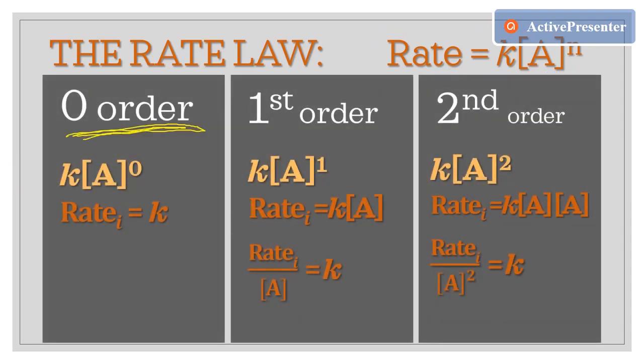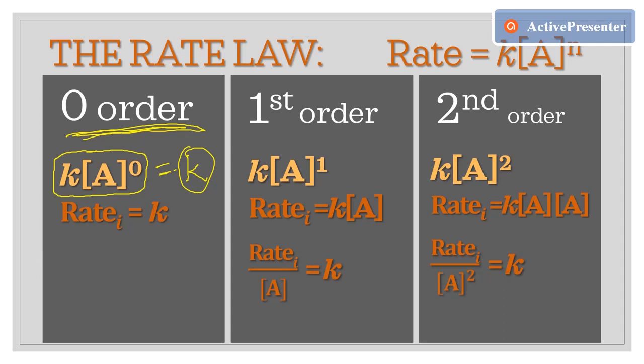Now that we've figured out the rate is K times the concentration of A to the 0 power, which just means K, because the concentration of A to the 0 power is just 1.